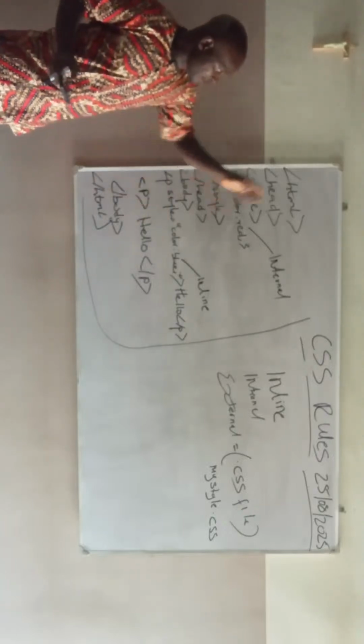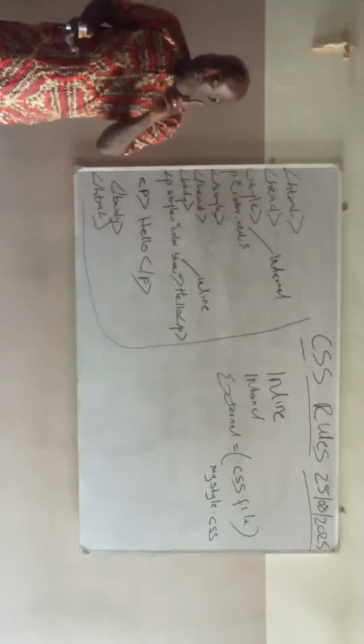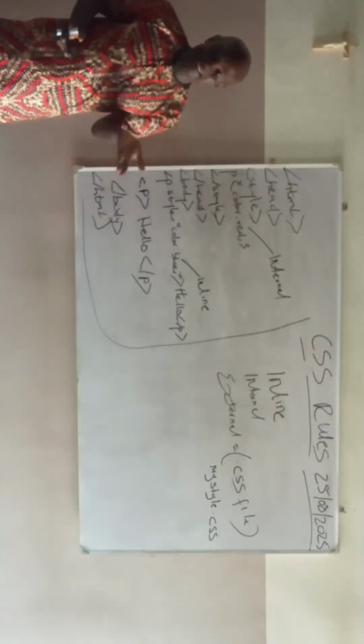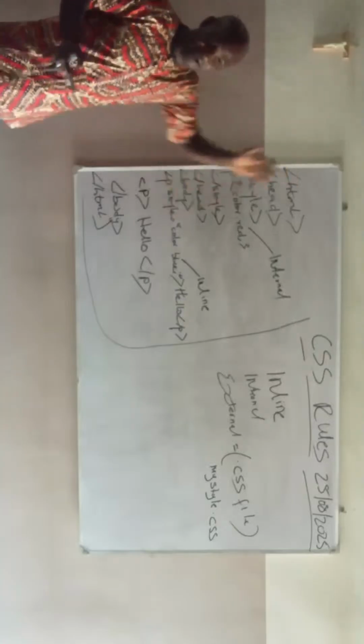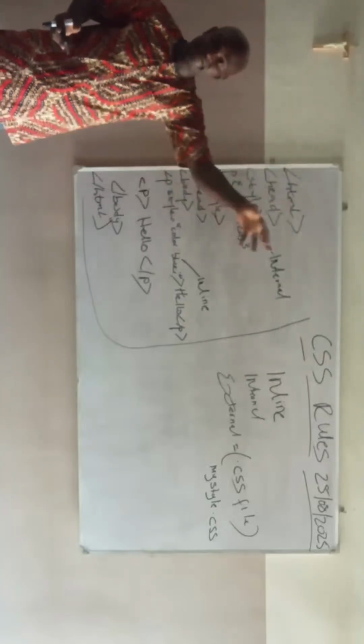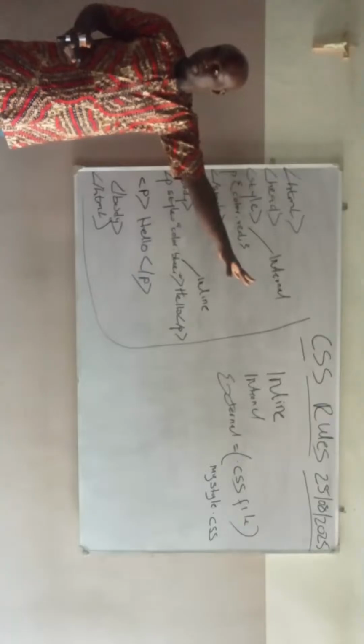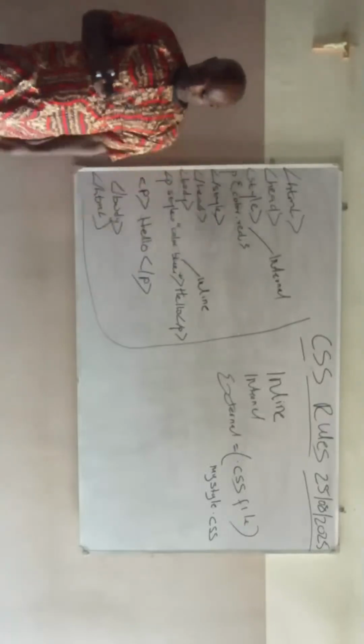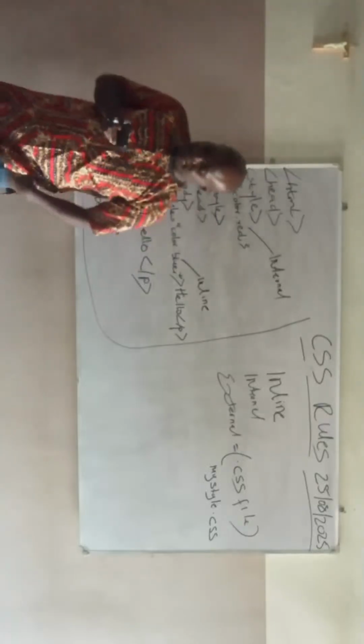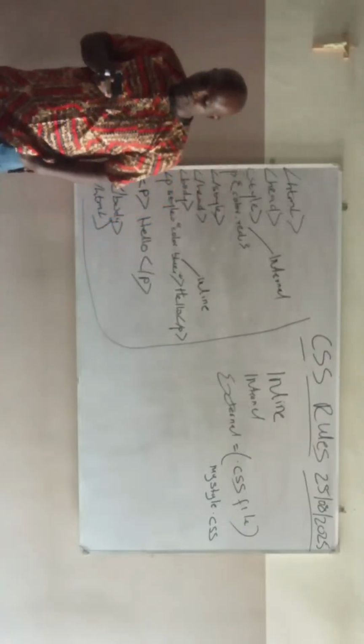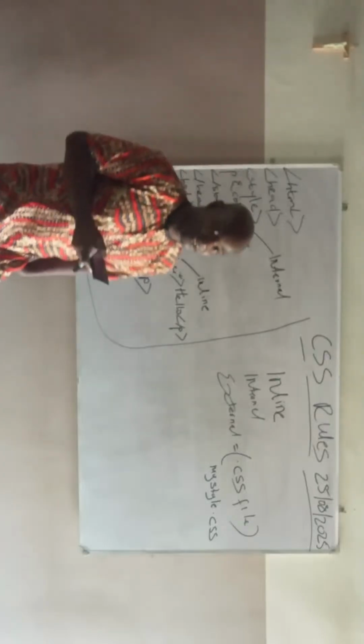Then internal, if one single HTML page has a unique style. So if I set a style, other pages will not obey it because they are different files on their own. You understand? Alright. So an internal CSS sheet may be used if a single HTML page has a unique style.